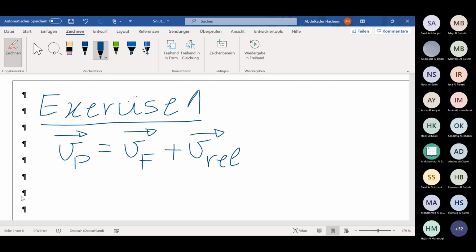That means here we always have the absolute velocity.